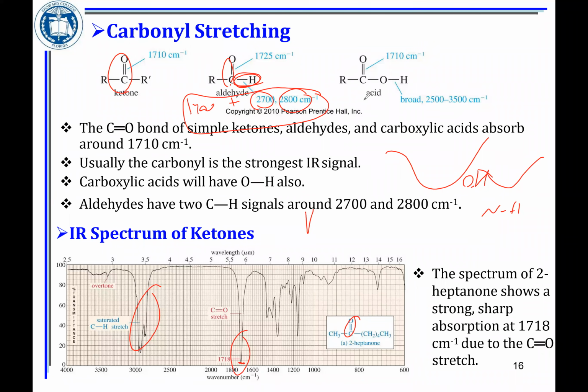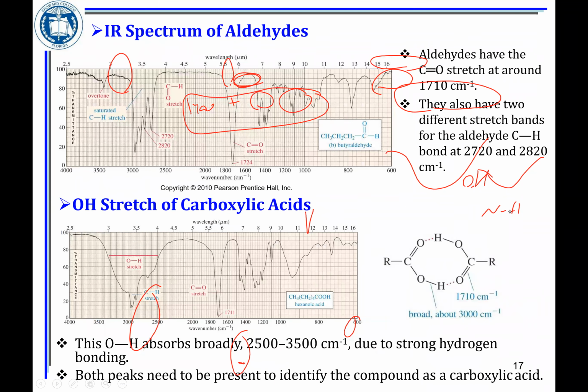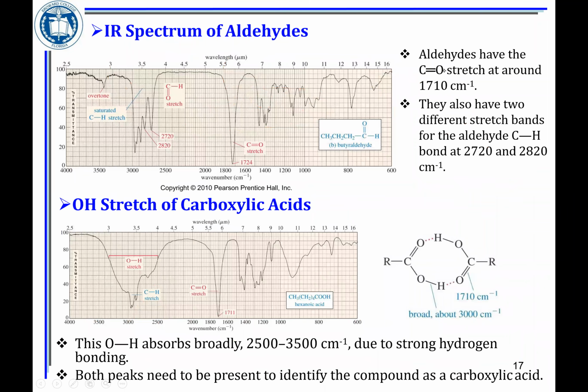For carboxylic acid, I said already, you do have a peak for CO double bond, and you have a broad peak from 2500 to 3500 for OH. Here is a wide peak for the OH from carboxylic acid. It goes from 2500 to 3500.